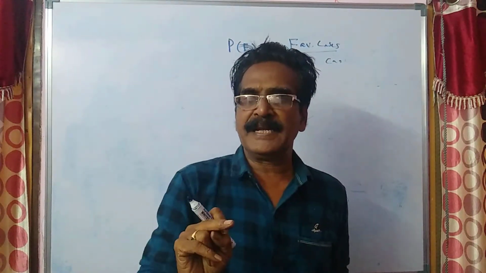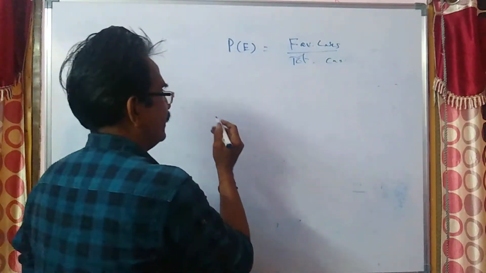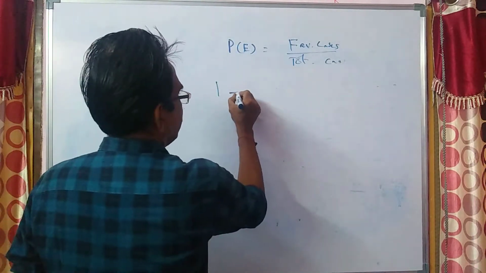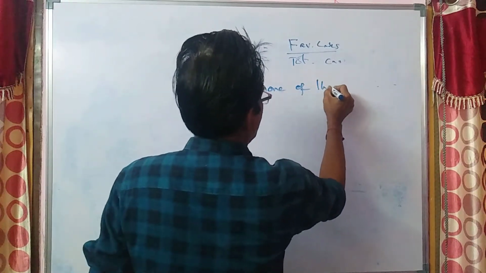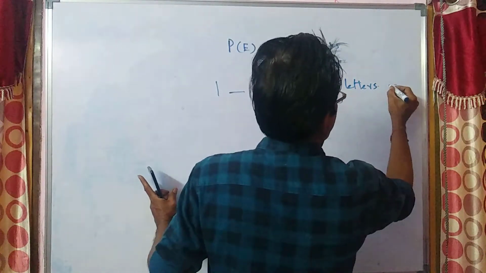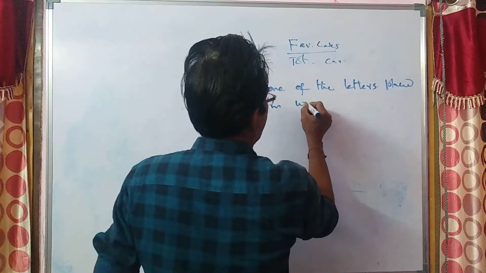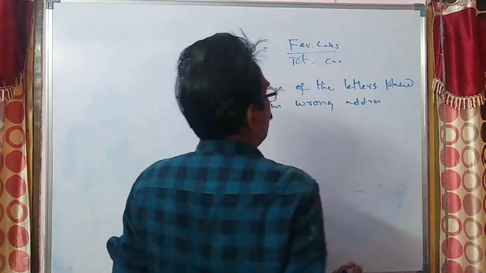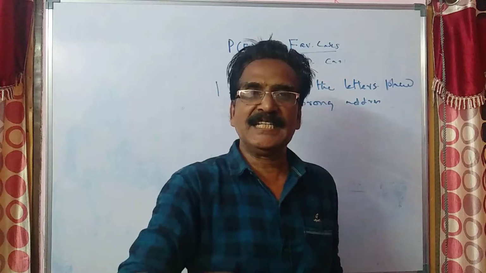At least one means 1 minus none is placed in wrong addressed envelope. So 1 minus none of the letters placed in wrong addressed envelope is equal to at least 1.